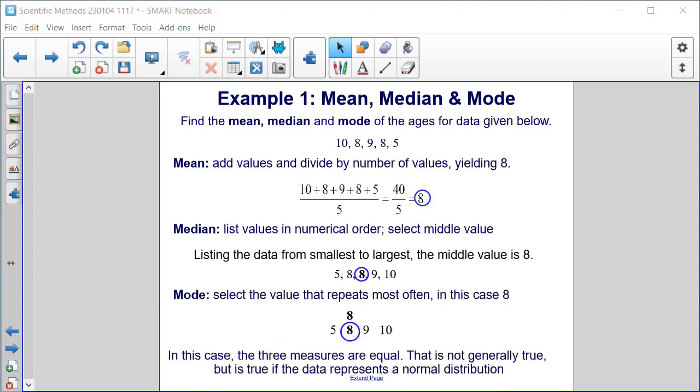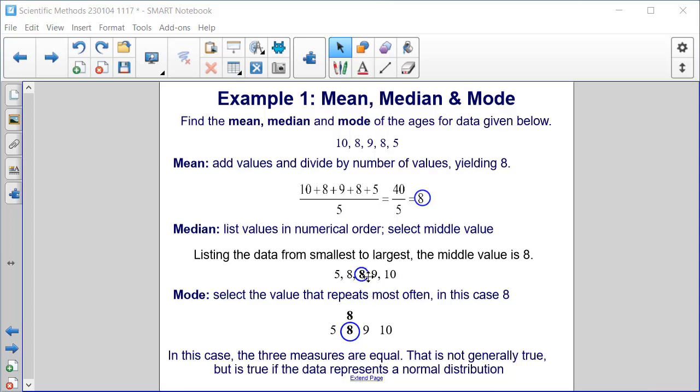Okay, so to find the mean, we add up each of the individual values, 10, 8, 9, 8, and 5. We get 40. And divide by the total number of values. So there's 1, 2, 3, 4, 5 values. Gives us a mean of 8. If I list the numbers in order from smallest to largest, I can find the median, or the middle value, is 8.